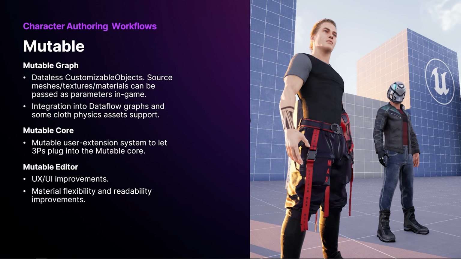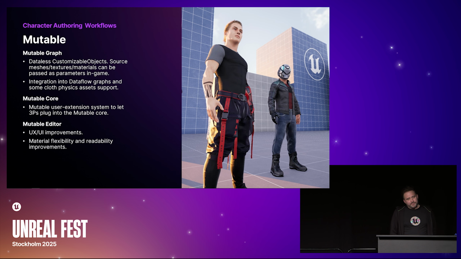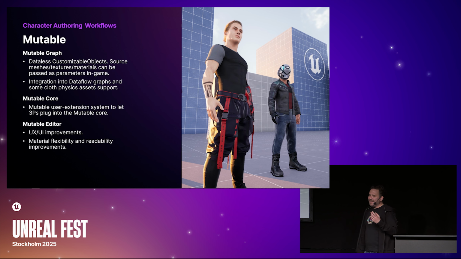Mutable, right? It's been integrated in Unreal for a few versions now, and it's a great way to make customizable characters right inside the game. You can do some super cool stuff with it. If you're interested in doing customizable characters, really look at Mutable. It will solve a lot of things for you. With 5.7, we have a big thing that we call data-less, which means that the character is more completely described with parameters instead of baking out a lot of stuff in the editor and then dumping a lot of textures and models into the code.